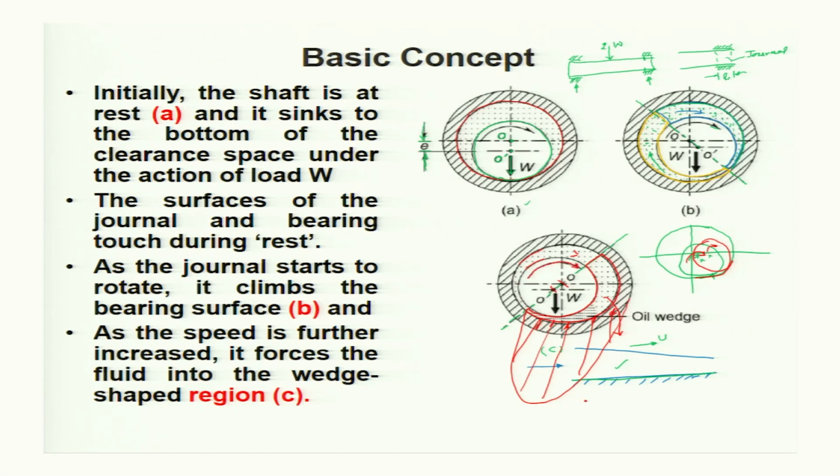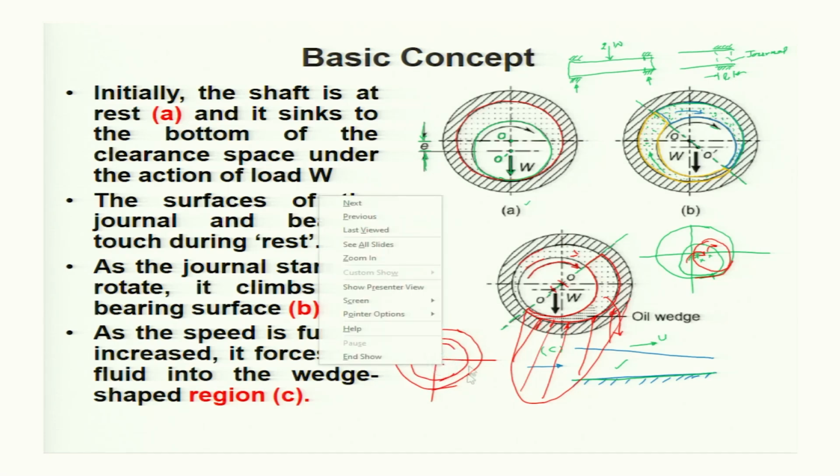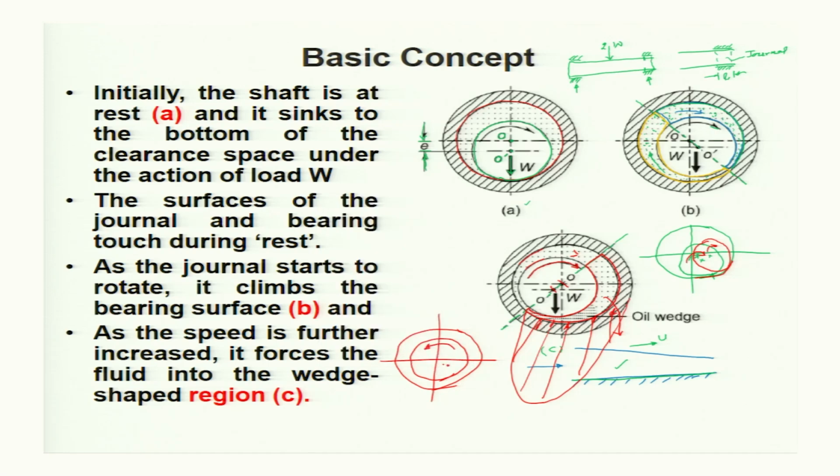Now if this journal were rotating in the anti-clockwise direction, then the equilibrium location will not be in the 3rd quadrant but in the 4th quadrant. That means if the rotation of the journal is in the anti-clockwise direction, that means it is rotating in this way, then the equilibrium location of the journal center O dash will be somewhere here and O will be here.